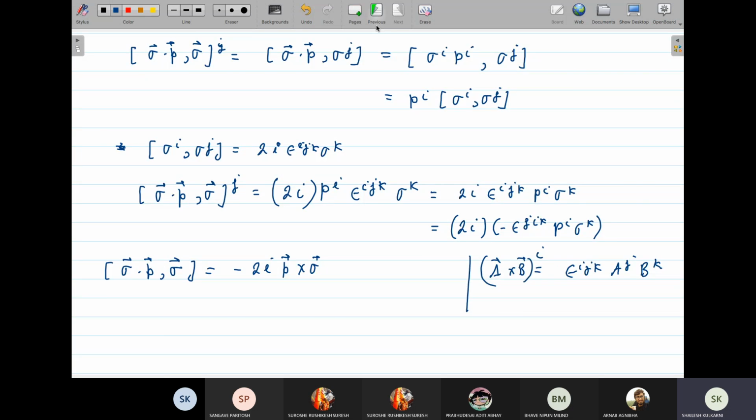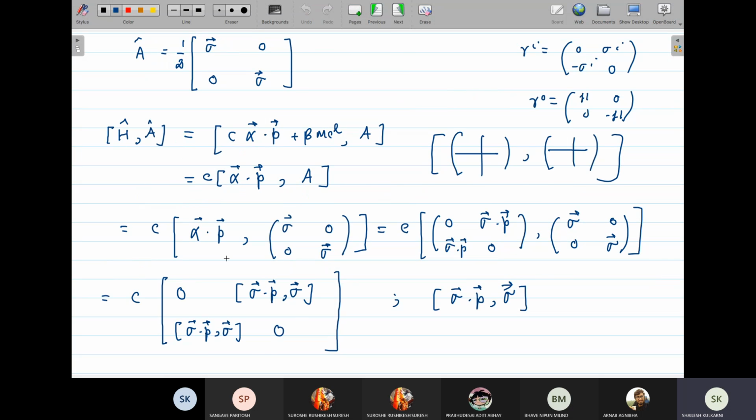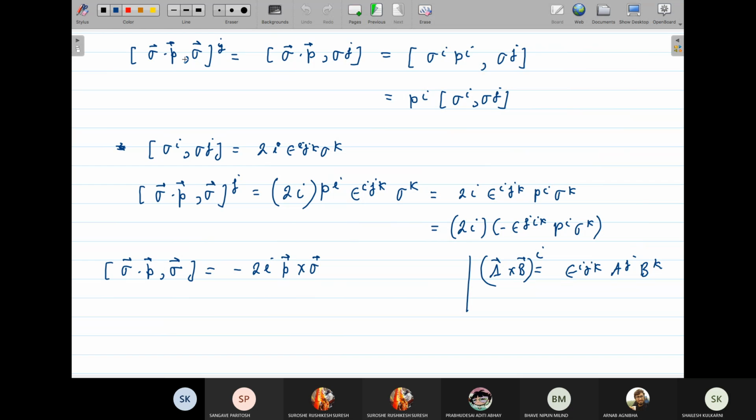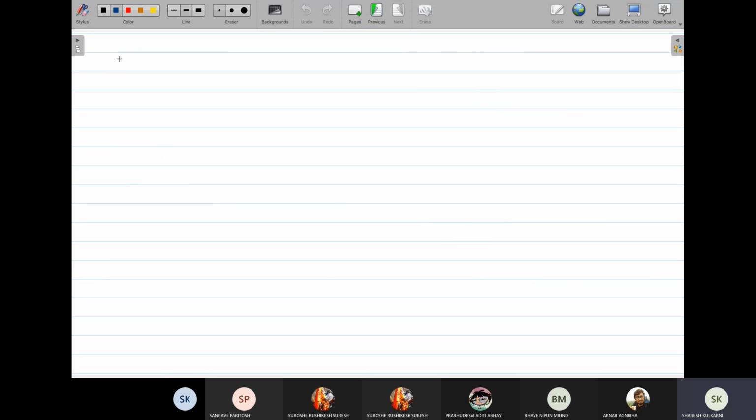So that means this matrix will become, so what we are calculating is H with A, right?